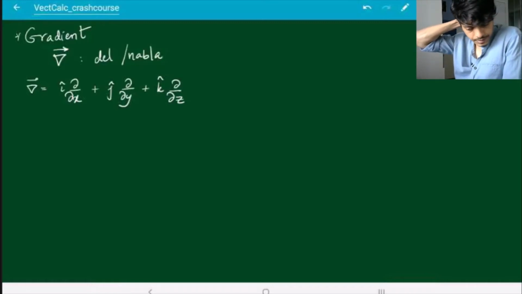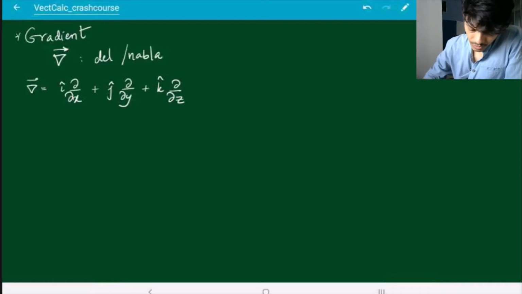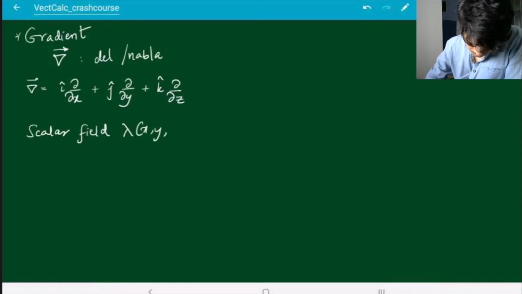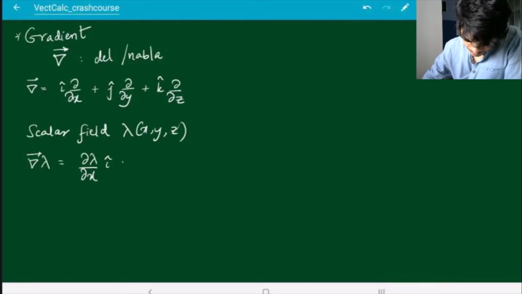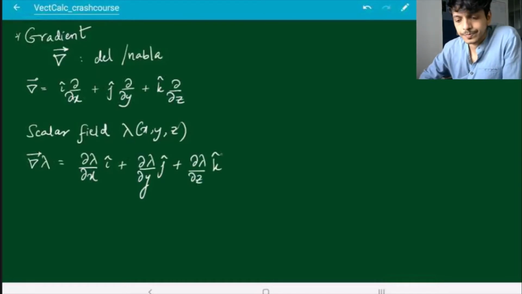So if I have some scalar field, call it lambda, as a function of x, y, z, then the gradient of the scalar field is going to be the following vector: del lambda by del x i hat, plus del lambda by del y j hat, plus del lambda by del z k hat.